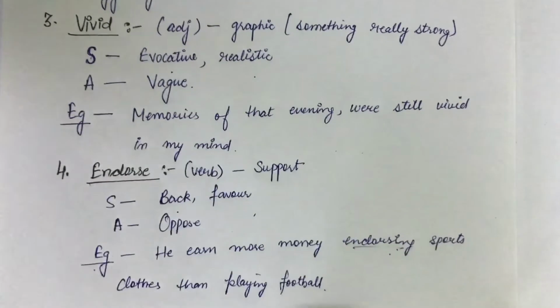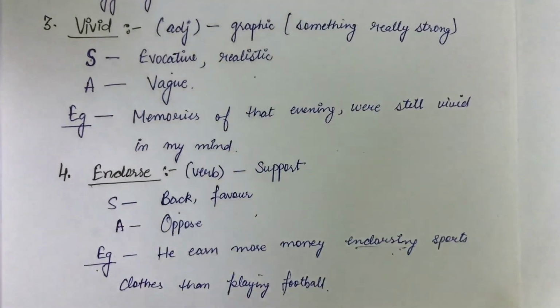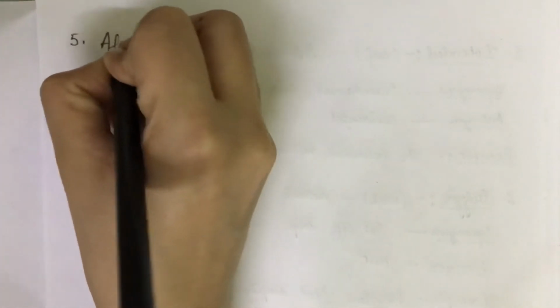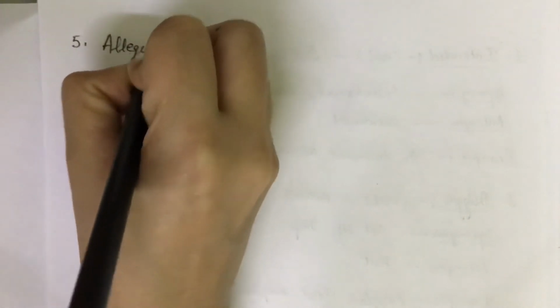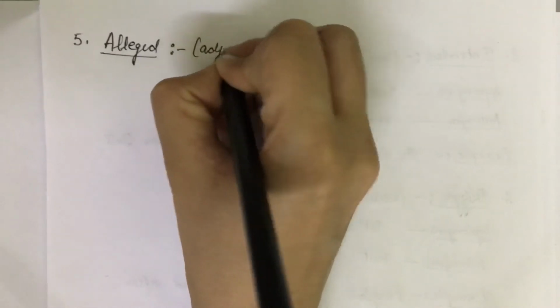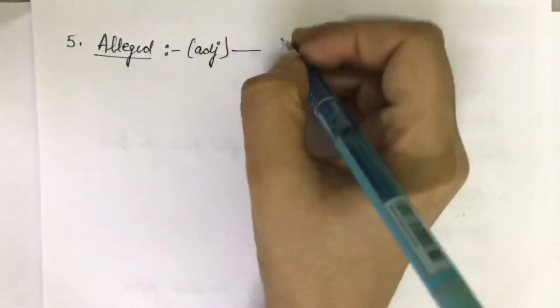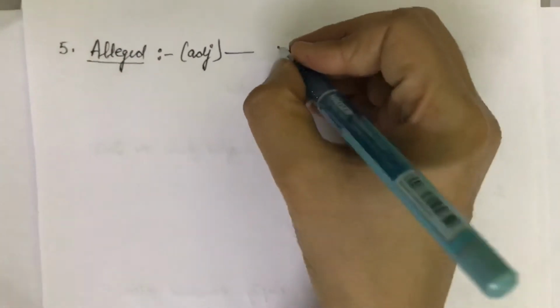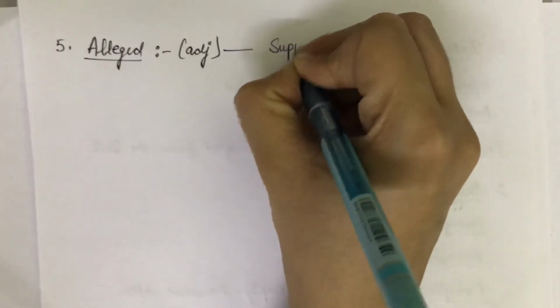Okay, so now we are moving towards the other words that are left. So the next word here is alleged. Okay, this is again an adjective. And what is the meaning of this word? Alleged means something that is supposed.